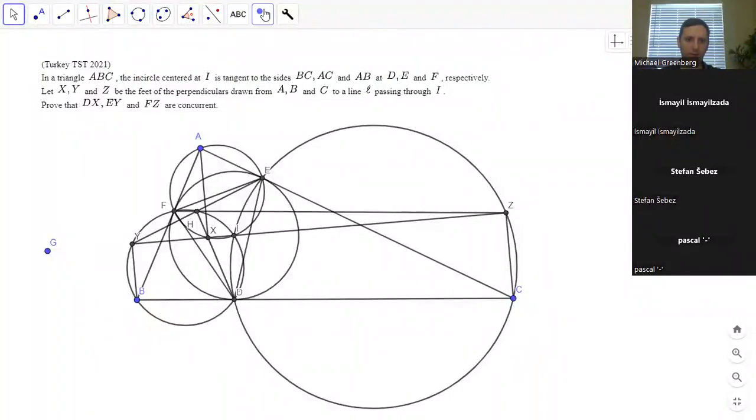So if we invert, that would be the same. We try to invert all 3 of those lines.